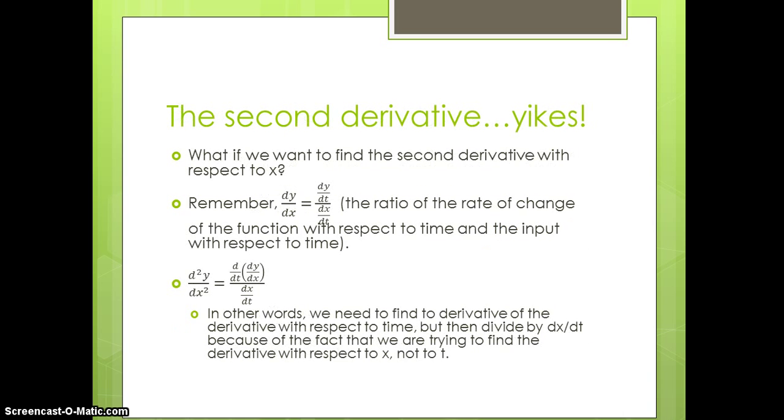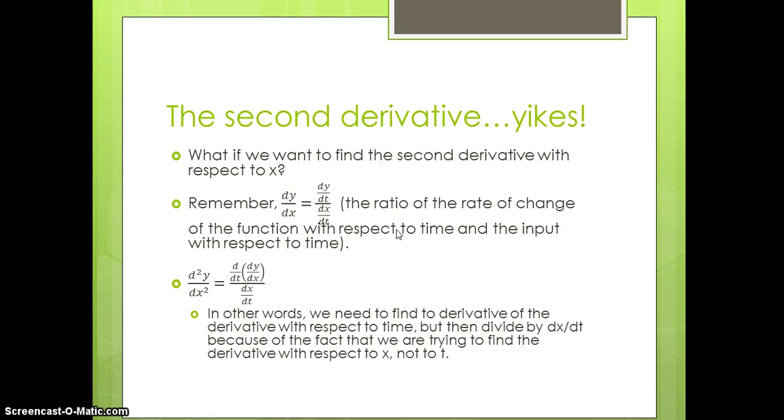The second derivative is a little bit more of a complicated subject, and we'll probably need some time in class to talk about this. What if we want to find the second derivative of our original derivative with respect to x? So if you'll remember, the formula for dy/dx was dy/dt over dx/dt. In other words, the ratio of the rate of change of the function with respect to time versus the input with respect to time.